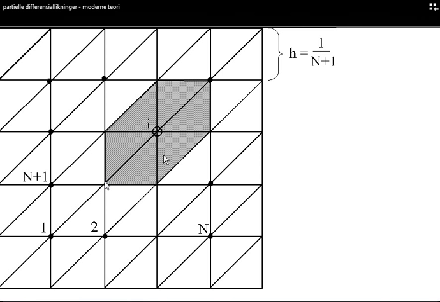Note that the support of a function is defined as the set where the function is different from 0. So this basis function is equal to 0 all over Omega except for this shaded area.